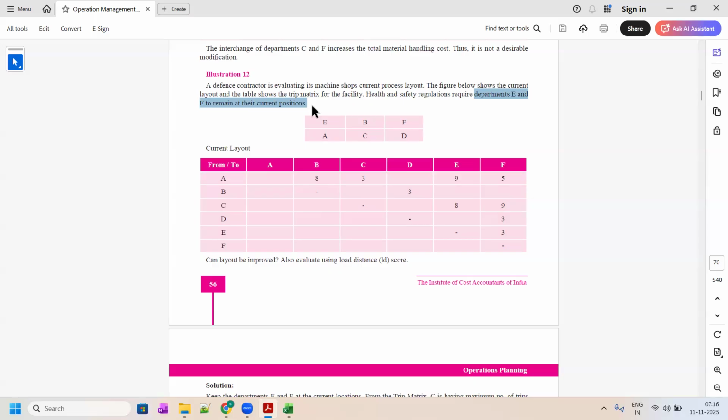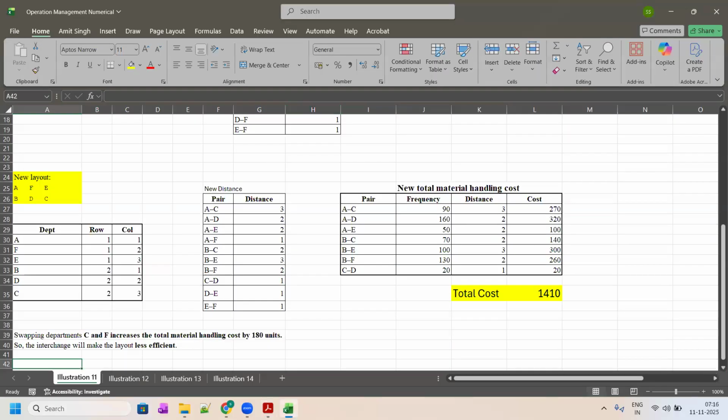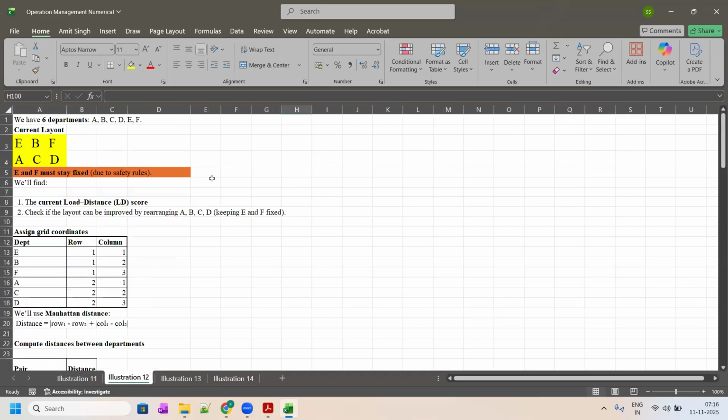This is the layout given to us: E B F over A C D, where you cannot interchange the position of E and F. The rest I can interchange.